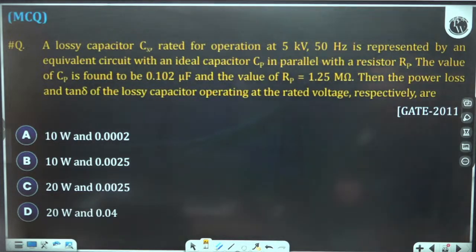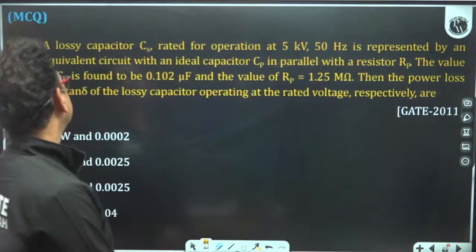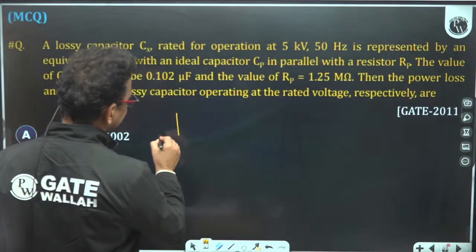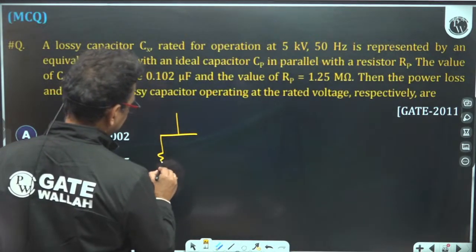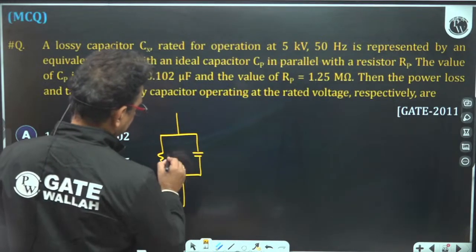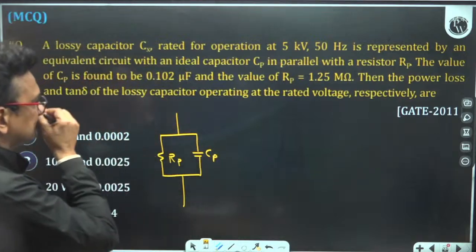A lossy capacitor rated for operation at 5 kV 50 Hz is represented by an equivalent circuit of ideal capacitor in parallel with a resistance. We always represent a lossy capacitor like this: resistance Rp and the capacitance Cp.